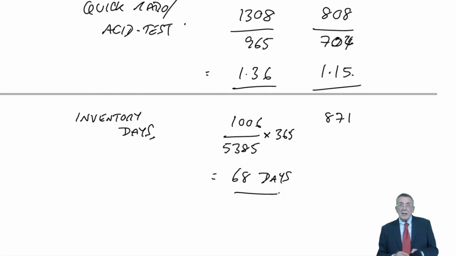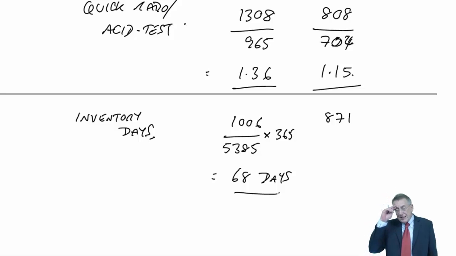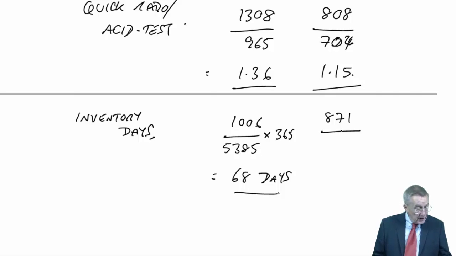Seems a lot of inventory to hold. Again, does depend a lot on the type of business. Most businesses clearly will want to hold some inventory, but 68 days, 2 months seems an awful lot. Last year, inventory was lower, but so were cost of sales at 4212.